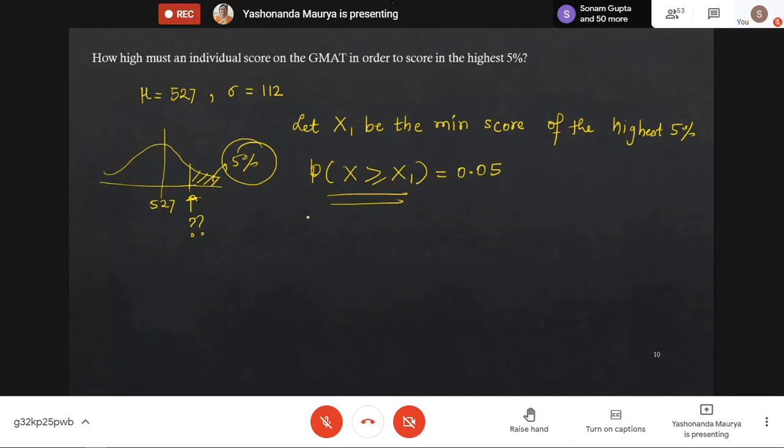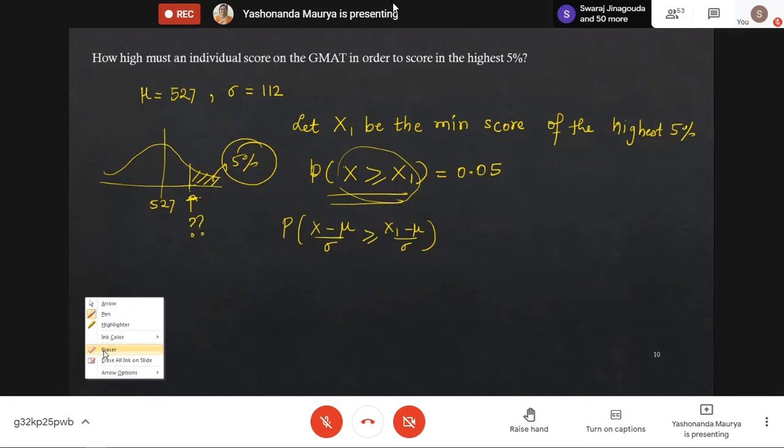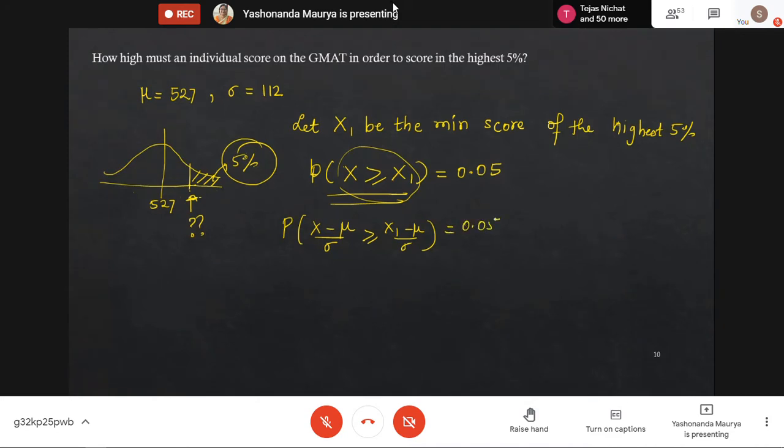Now let me write it here. Now I do not know how to work with this x. So the next thing is, let me convert it to z. So what do we get here? Probability that x minus mu divided by sigma is greater than x1 minus mu divided by sigma. Over here, x1 will be a number, so let us go ahead. So this is 0.05. So this will become the probability that z is greater than this number.